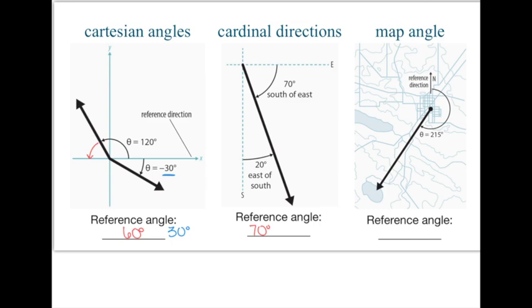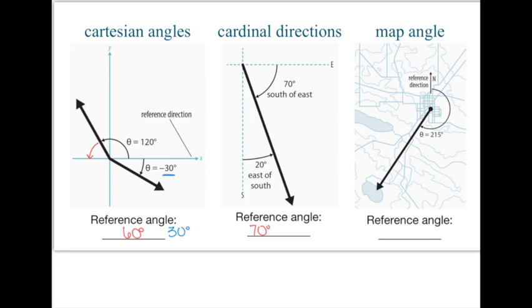So if I were trying to use this angle, 20 degrees east of south, to calculate something in my problem, in my calculator, I would have to put 70 degrees. Does that make sense? Your calculator is always going to assume you are in standard form. Always assume you're in Cartesian form.